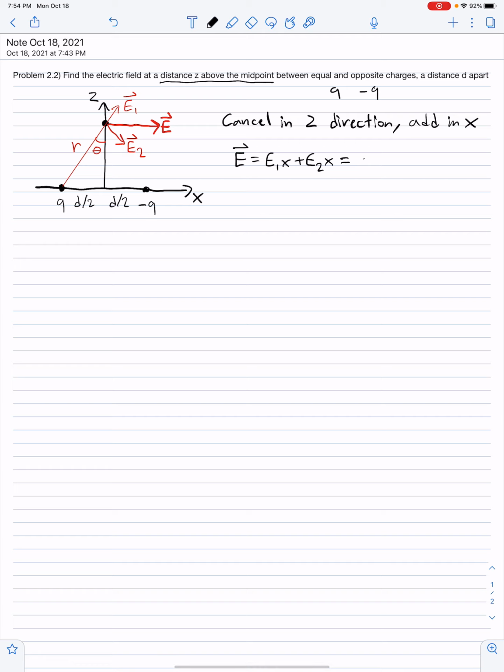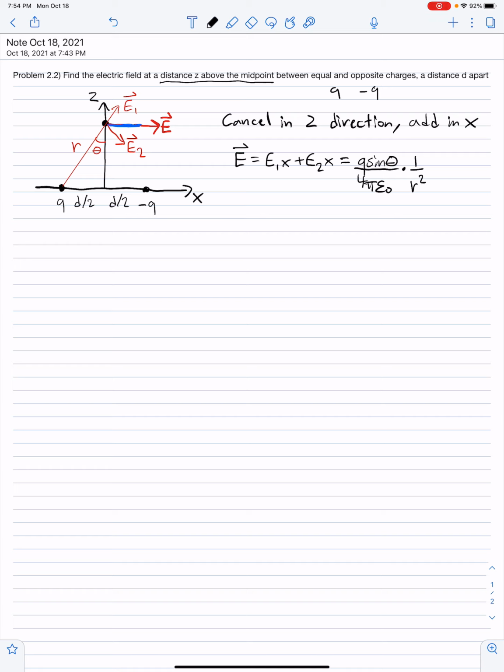So we have Q, and then we want to use sine theta because we have basically these components right here. And since you have theta there, if you do sine theta, you'll get this blue component. So we'll have our Q sine theta over 4 pi epsilon naught. And then I can also do times 1 over r squared.